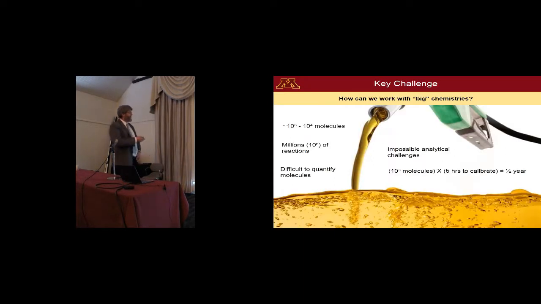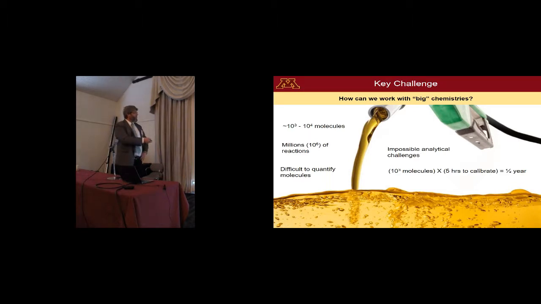If we have, let's say, 1,000 to 10,000 molecules in our mixture, and we have millions of reactions, computational techniques can now describe millions of reactions. So if we have reactions happening on surfaces, gas phase, and solid phase all happening together, we can track that. But the problem is we can't take those complex million-step reactions and align them with analytical reaction approaches.